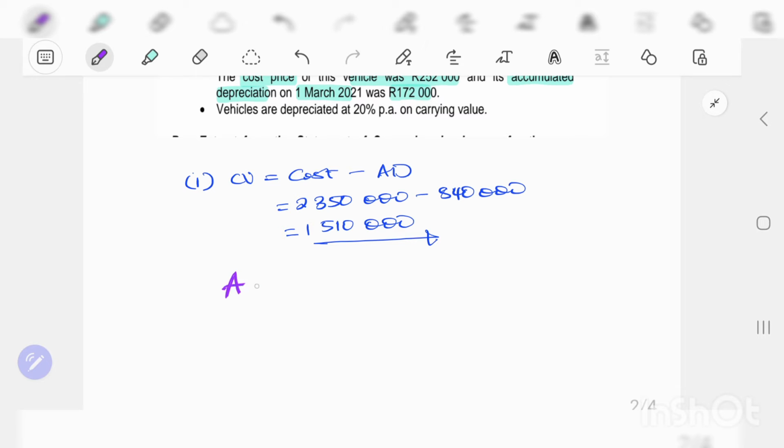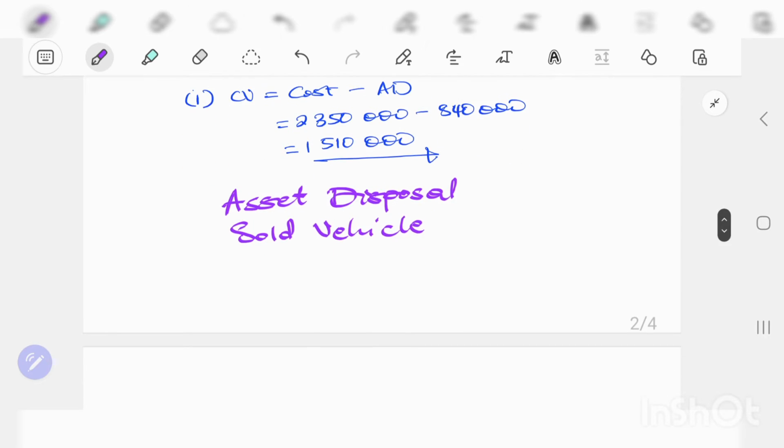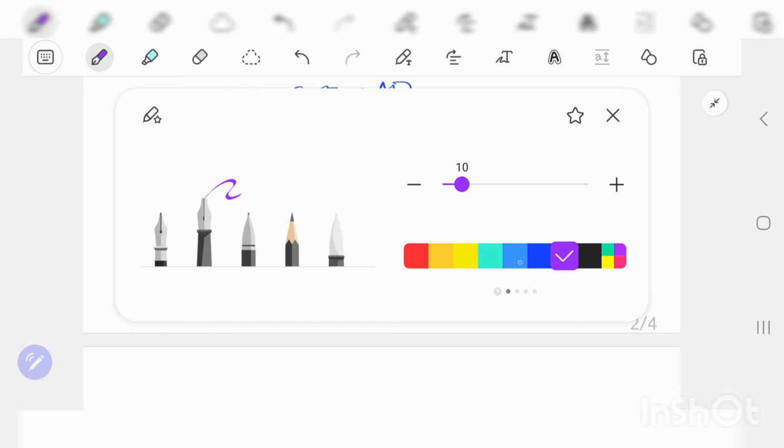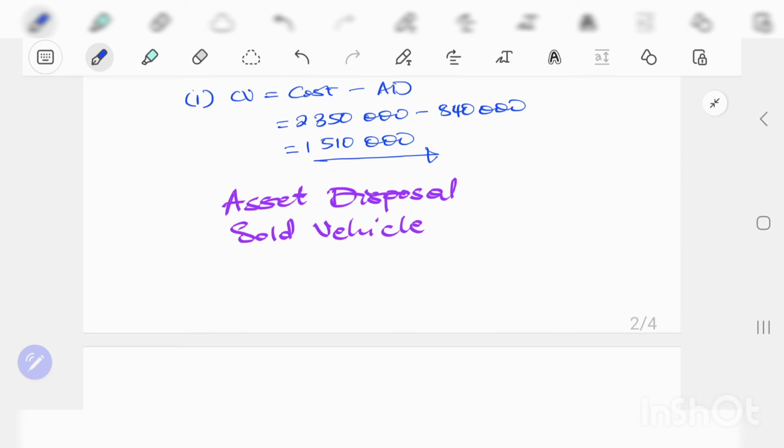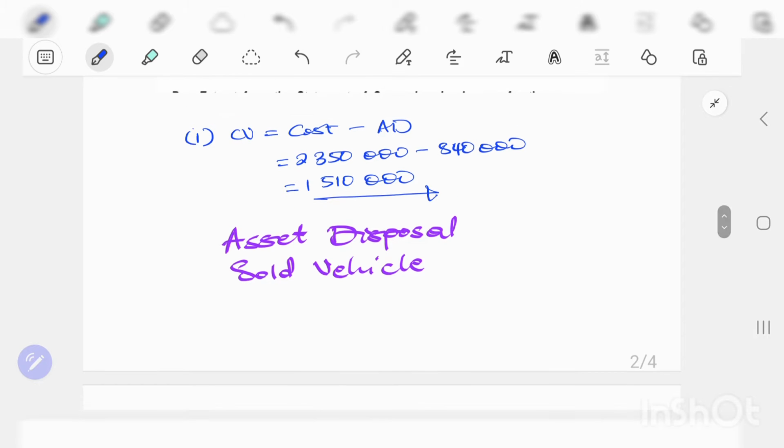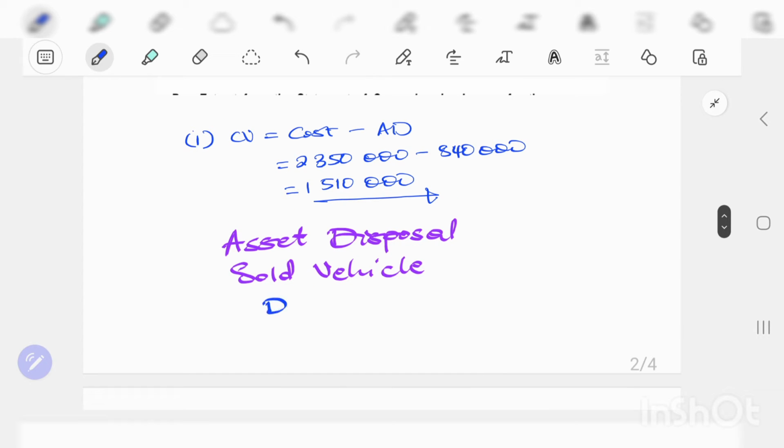Asset disposal. This is the sold vehicle. We'll have to calculate the depreciation account, the depreciation of this vehicle that we decided to sell during the current financial year. Depreciation of this asset is cost minus accumulated depreciation, then we multiply by the depreciation percentage as per the formula.